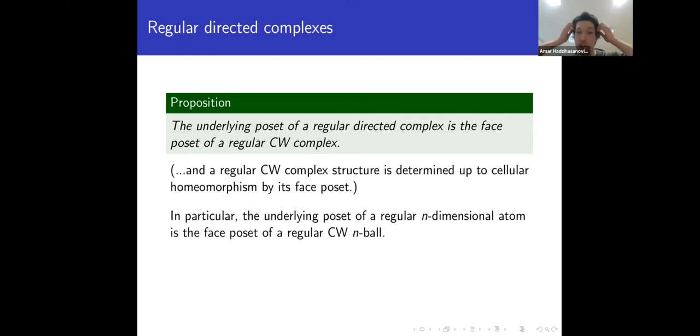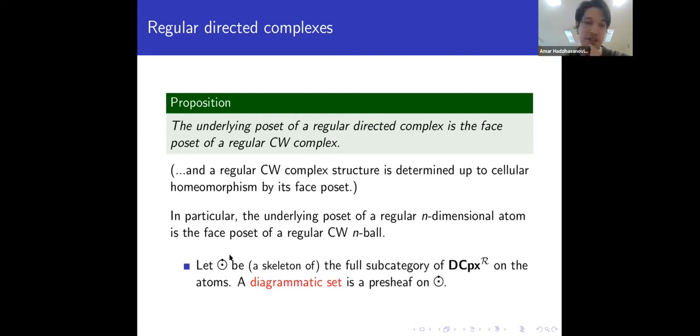So in particular, if we take a regular n-dimensional atom, its underlying poset is going to be the face poset of a regular n-ball. So we can see this as a kind of combinatorial model of an n-ball, which means that we can take n-dimensional atoms as combinatorial models of directed or oriented n-balls.